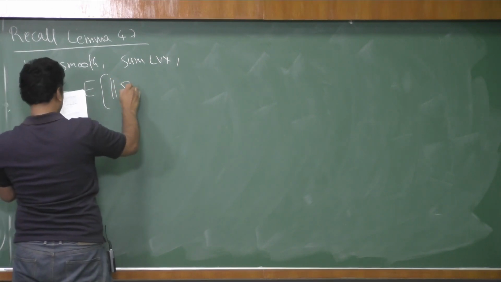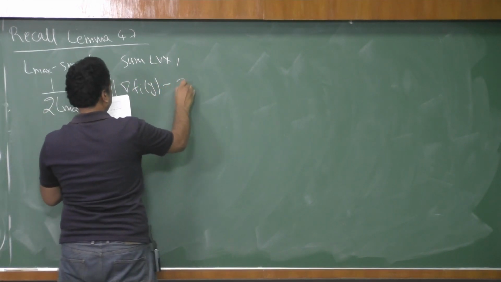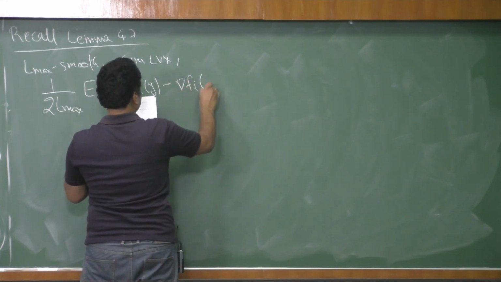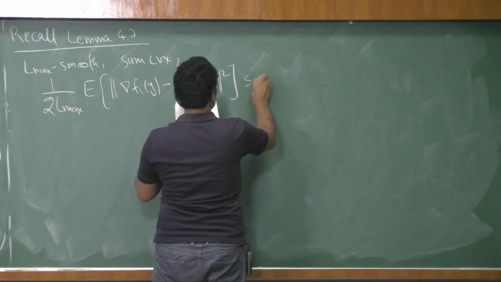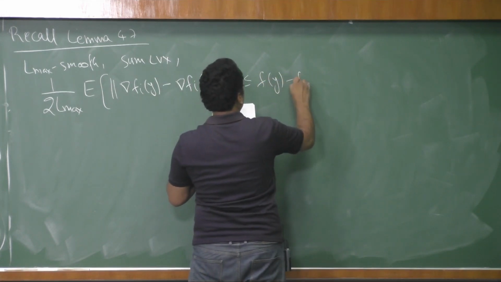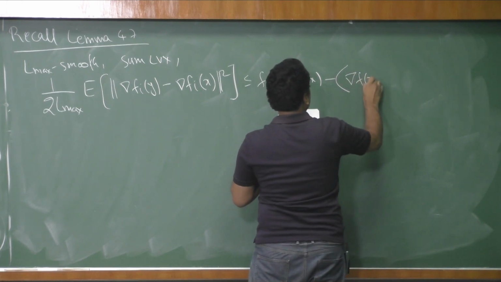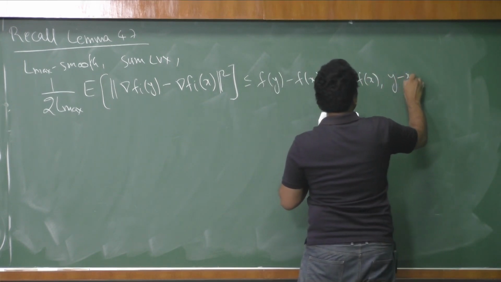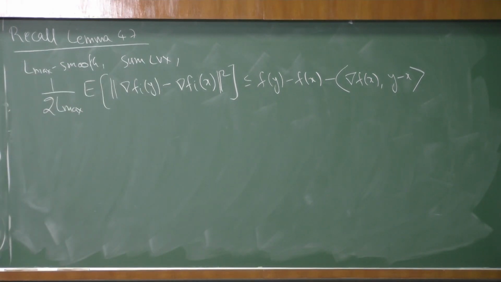So grad fi y minus grad fi x squared is less than equal to fy minus fx minus grad fx y minus x. Okay, so this is L-max smooth property.